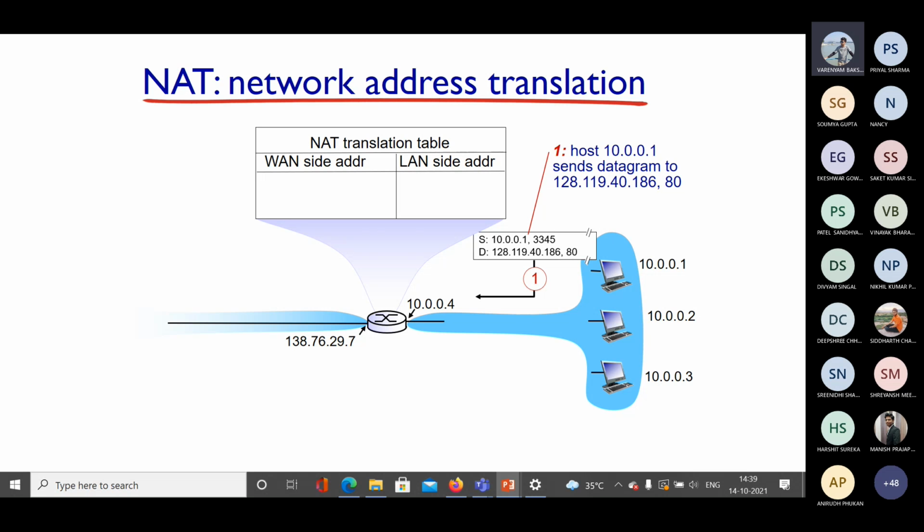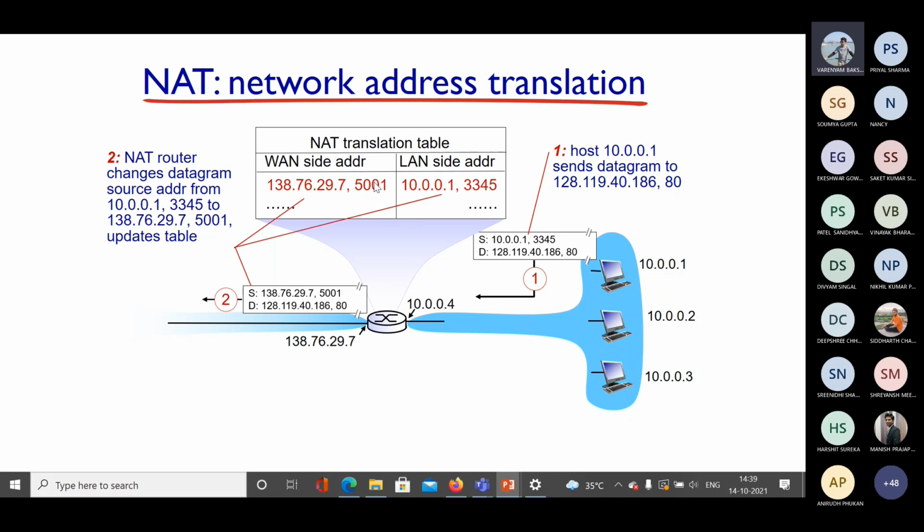It sends a datagram to the outside world, to another host with IP address 128.119.40.186, port number 80. This is the local interface of the NAT router, 10.0.0.4, and we have a NAT translation table here.